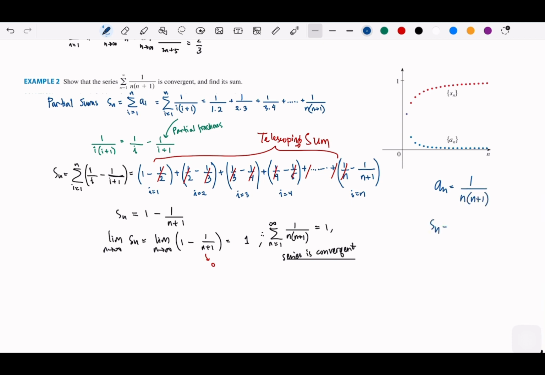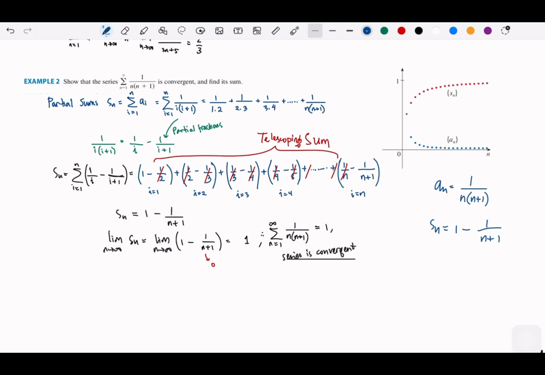And Sn is 1 minus 1 over n plus 1. Now, because of this nature, if we take the limit, 1 over n plus 1 will be 0, right? 1 over something big, infinity, it will be 0. Okay, it's converged, but it's 0. If you have the Sn, we're going to have this 1, which we have on that red dots. This is how it could differ.